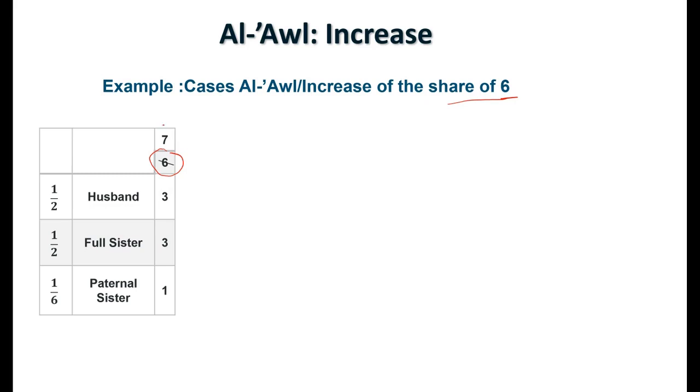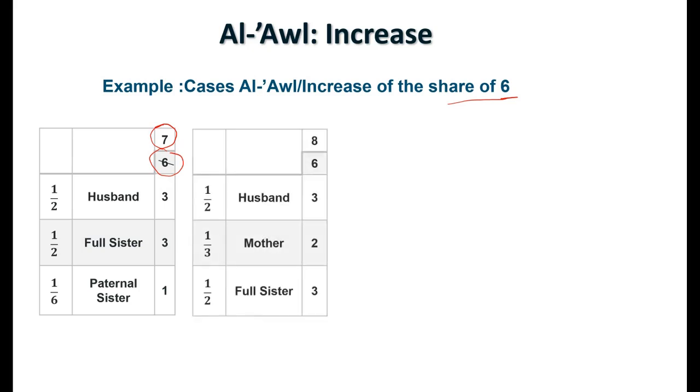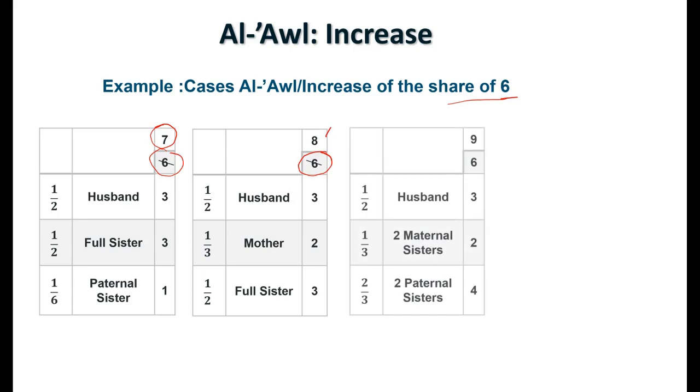And now the new case is built upon 7. We have second case, husband, mother, and a full sister. The case initially is built on 6. The wealth is given out from 6, and now we cancel the 6 and it becomes 8. So now the new Asl al-Mas'ala, the total share of the case, is 8.